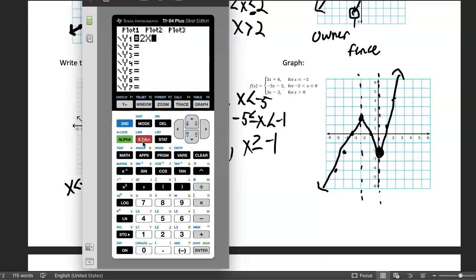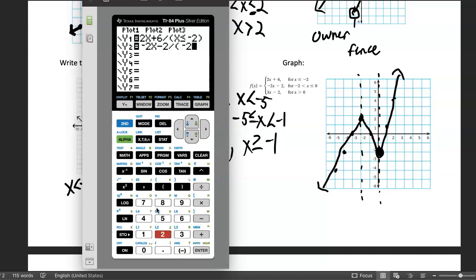So we start by putting 2x plus 6, divide instead of comma, x, where's our less than or equal to, minus 2. We put in negative 2x minus 2, divide instead of comma, put your parentheses.